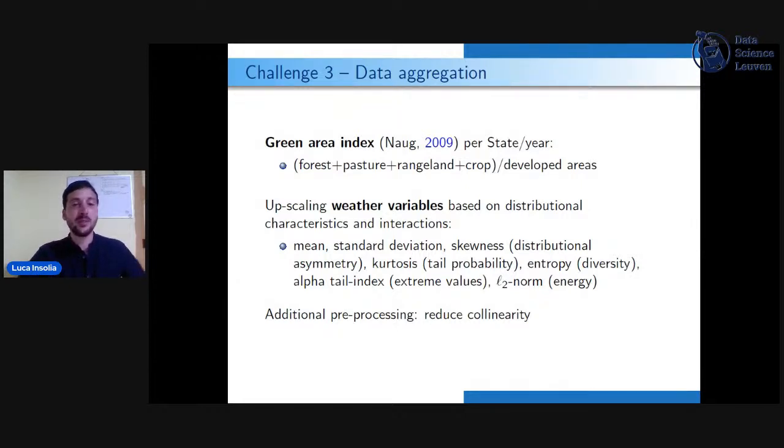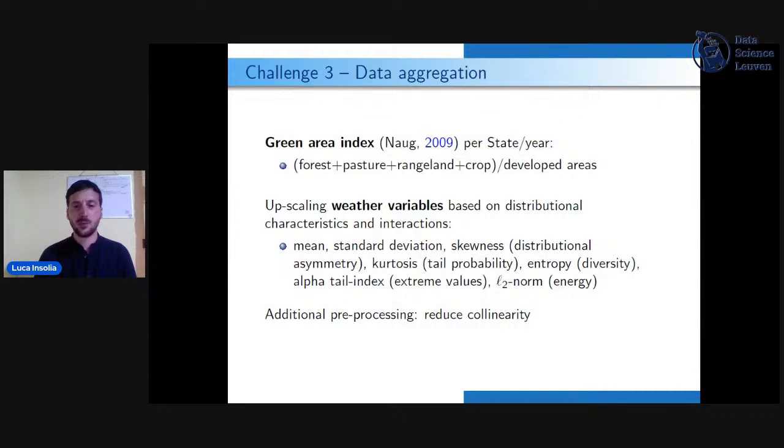A very simple strategy might be the use of sample averages of weather indexes across space and time, but doing this, you might incur a loss of information. So what we did instead was to aggregate weather data based on various distributional features captured by various statistics, such as skewness, kurtosis, entropy, the alpha tail index, and the L2 norm.